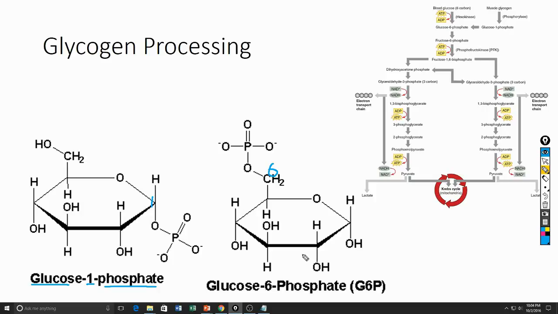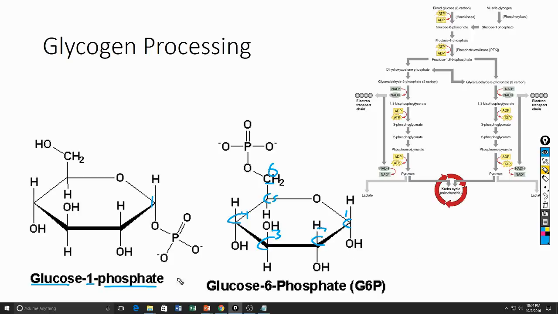So we have the same number of things, all of our hydrogens, oxygens, carbons. Each one of these is a carbon, by the way. We have the same number of carbons here, because there's a carbon there. This is the 1 prime, 2 prime, 3, 4, 5, 6.